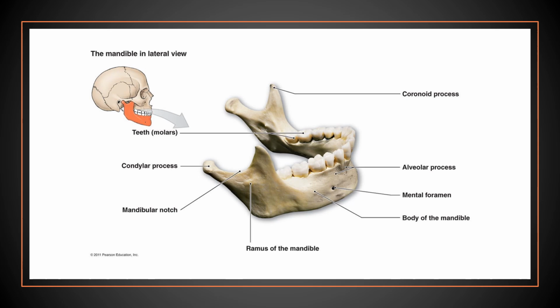The key features of the mandible include the mental foramen, which is here, and it transmits the mental nerve and mental vessels, and as well we have the mandibular foramen, which is here, and through this foramen the inferior alveolar nerve and vessels pass.